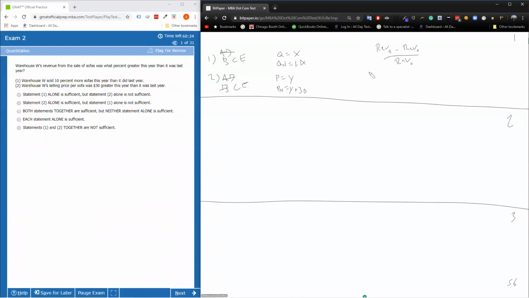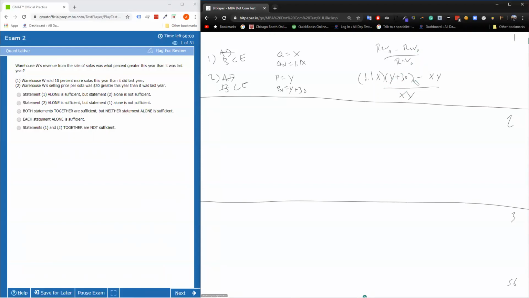Therefore, the revenue from this year would be 1.1X times Y plus 30, minus XY, all over XY.